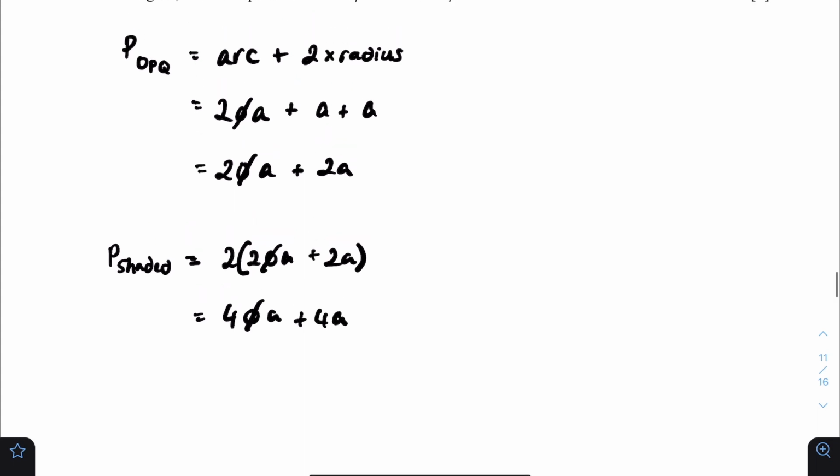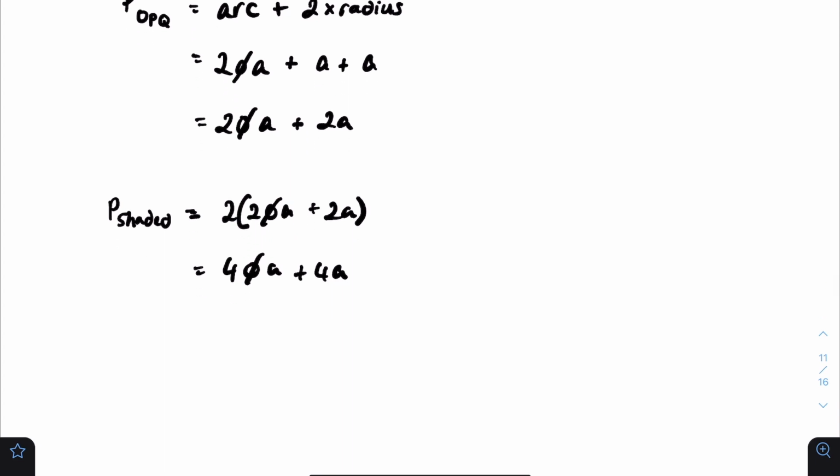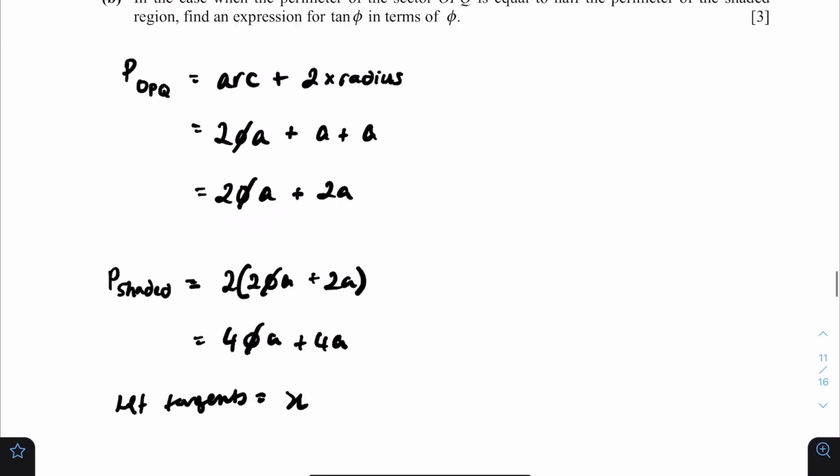We also know that the arc length is included, so let's let the tangents equal x.